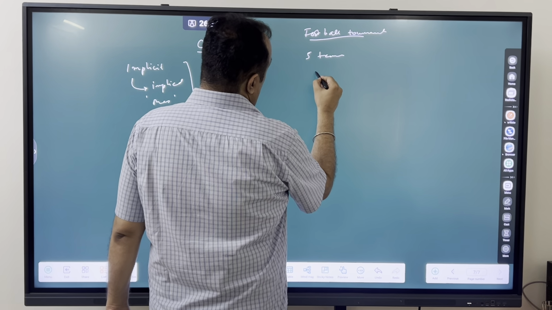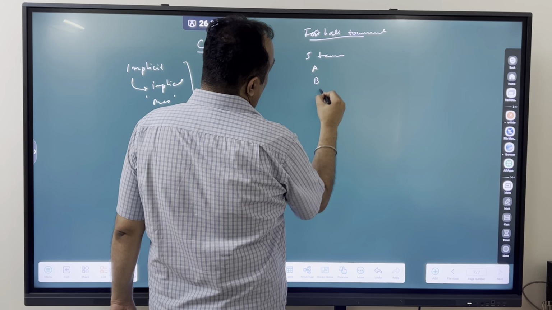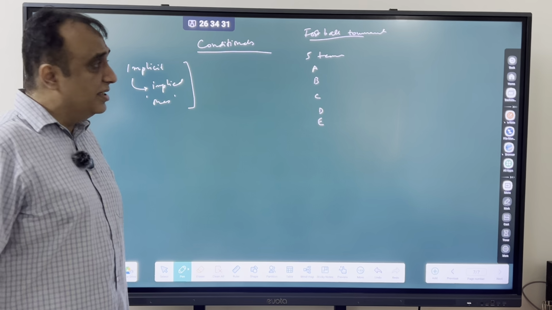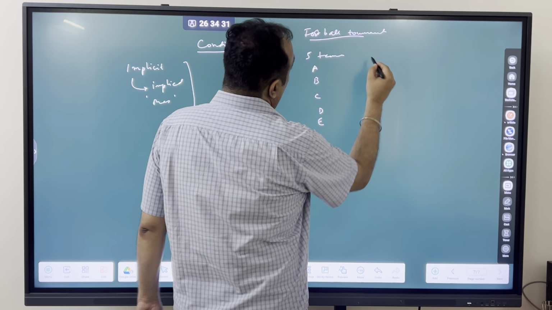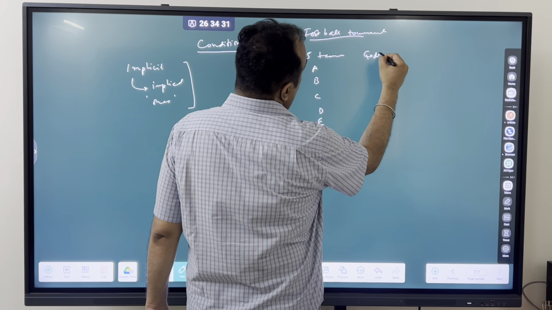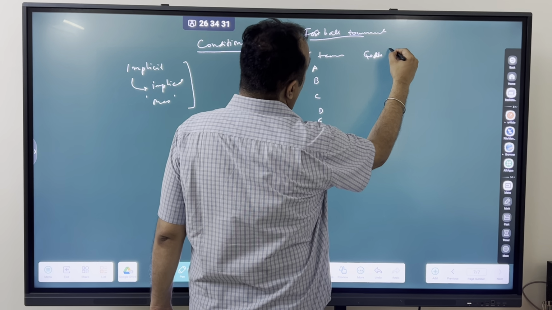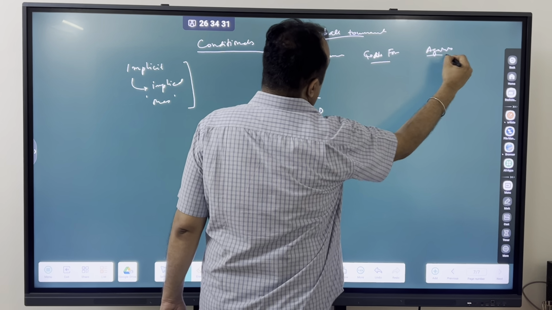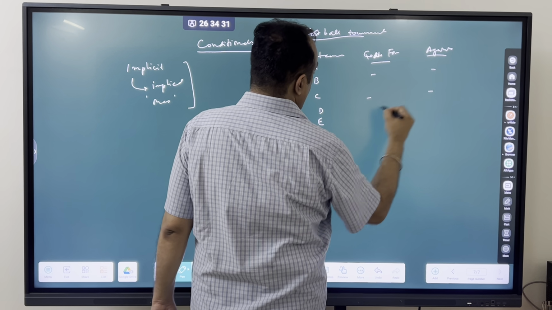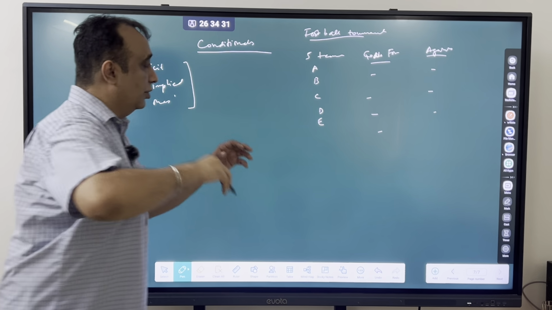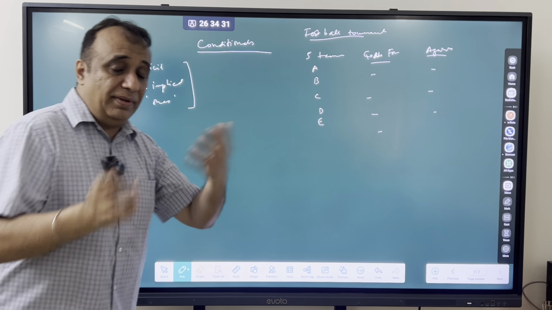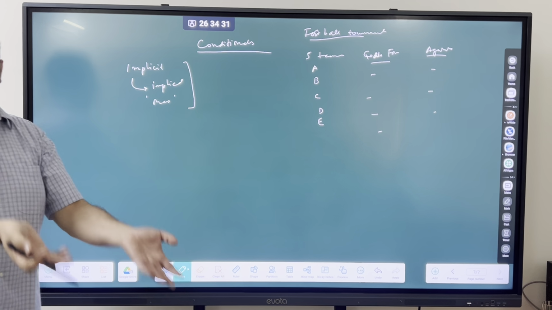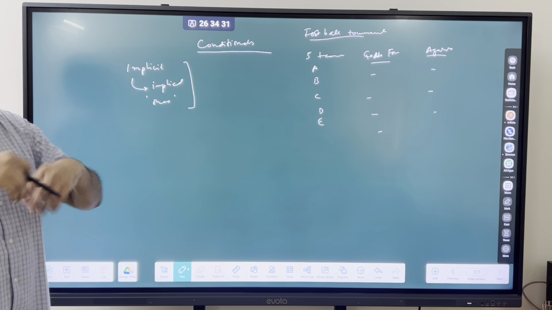We keep a record of the teams being A, B, C, D, and E. And the record is, we keep a record of goals scored by A, goals for, and goals against. So you keep a record of these numbers. In that tournament, A played B, B played C, or whatever. So how many goals did A score in total, and how many goals are scored against A in total?